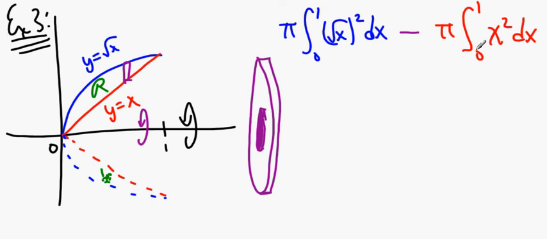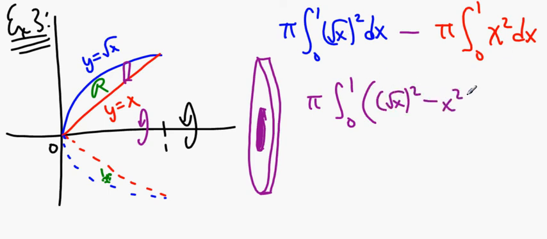Now we can combine these together into one integral so that we're not doing too much work, because both of these are pi times an integral from 0 to 1 of what? Of this minus this.